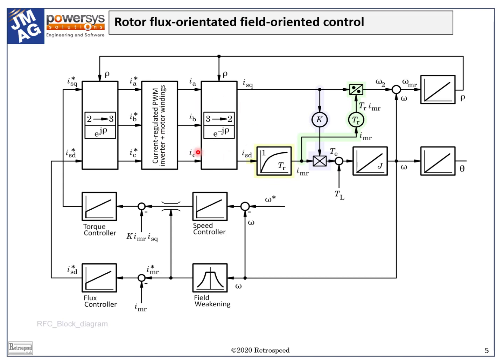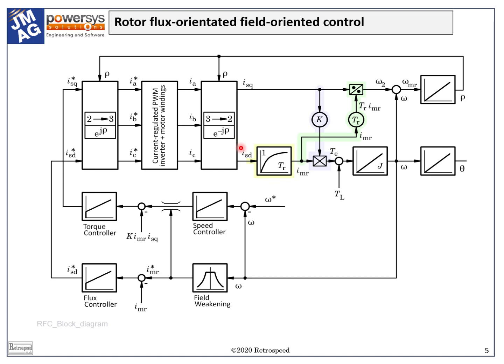The box with the label 3 to 2 describes a processing function which is executed digitally in the microelectronic controller. What it does is to transform the three line currents into two currents, ISD and ISQ, still real numbers, still instantaneous values.